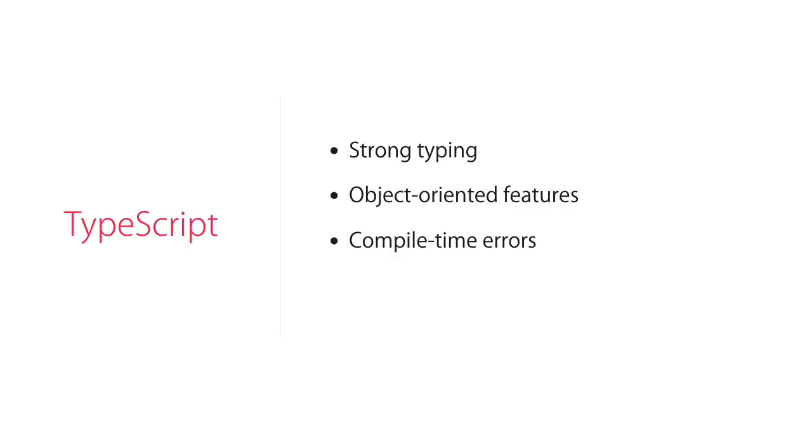So there is a compilation step involved, and when we compile our TypeScript code, we can catch these errors and fix them before deploying our application. And finally, another benefit of using TypeScript is that we get access to some great tools out there. One thing that I personally love about TypeScript is the IntelliSense that we get in our code editors. Again, you're going to see that in this section.